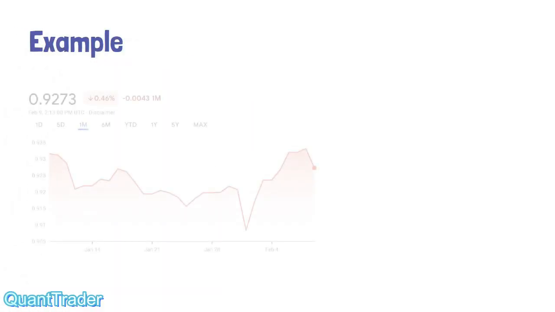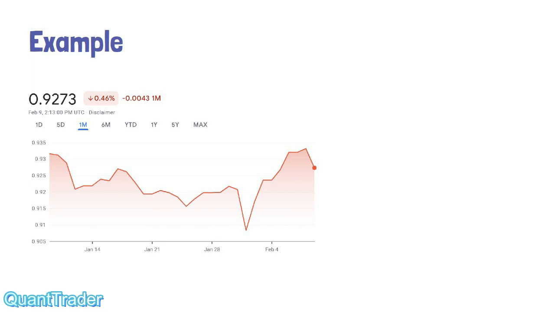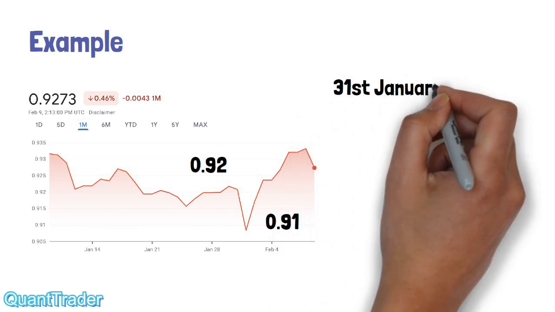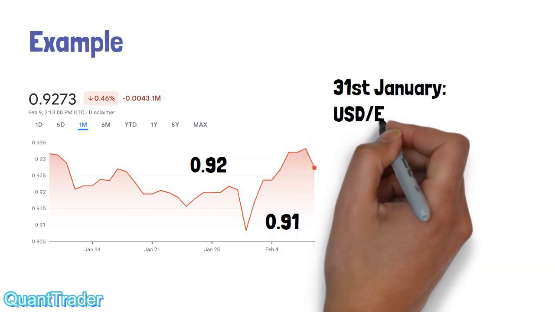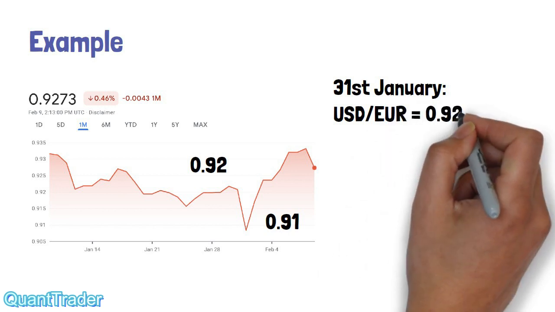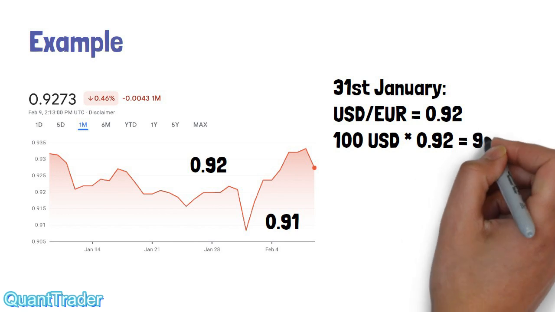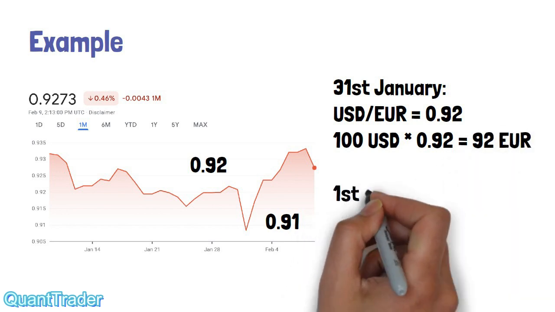Let's look at the exchange rate of the USD euro pair during the last few days. As we can notice, the exchange rate was 0.92 on 31st January and 0.91 on 1st February. And for example, you bought euros using USD on 31st January because you were planning a trip to Paris on 1st February. So you used your 100 USD and you got 92 euros.